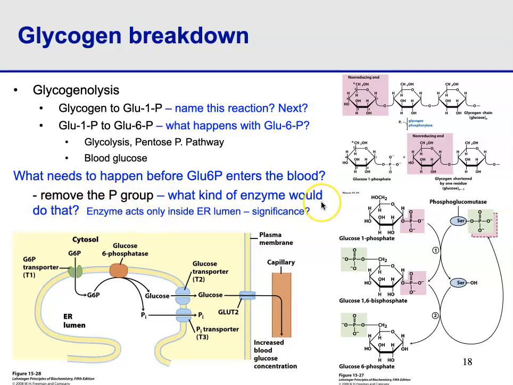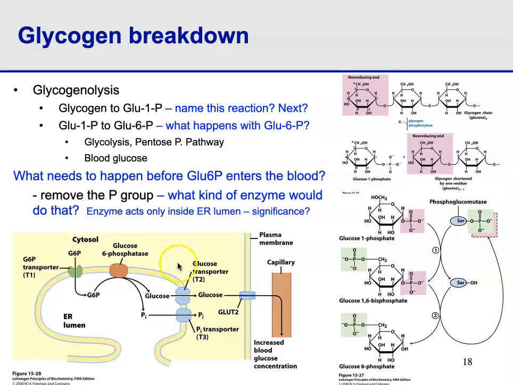What enzymes would remove phosphates? Phosphatases. This is a glucose 6-phosphatase. The interesting thing about glucose 6-phosphatase is that it is located in the endoplasmic reticulum, which is a space carved inside the cytosol, but it's independent.